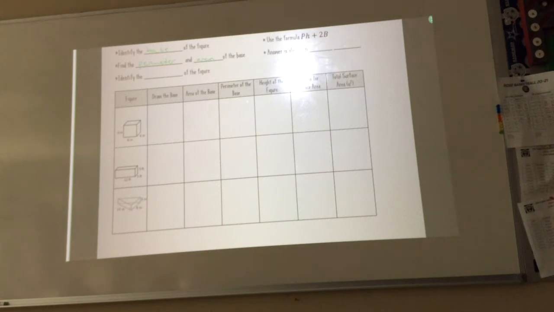And then identify the height of the figure. You've got the formula at the top of your page there, the perimeter times height plus 2 times the area of the base. And our answer is always going to be in units squared.